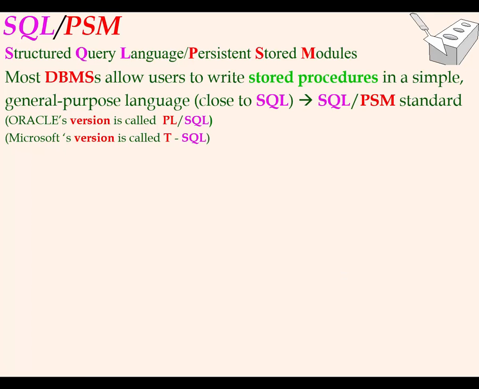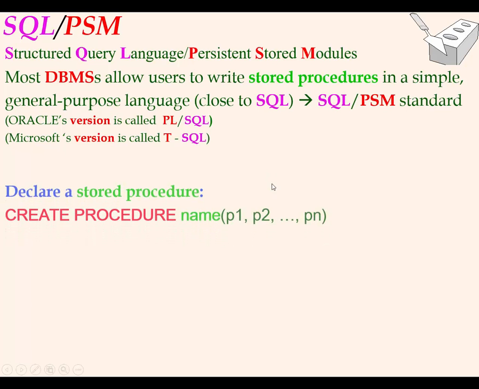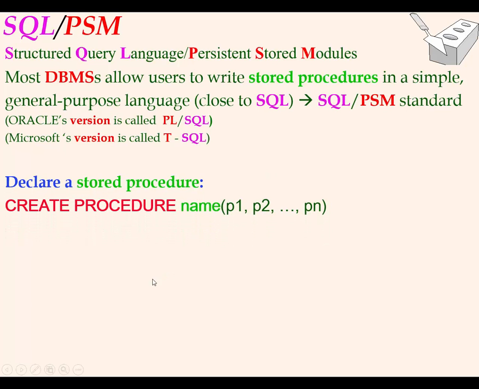Now, stored procedures are written in a language, just like you have Java, you have JavaScript. This is called SQL PSM, Persistent Stored Modules. But in Oracle it is called PL/SQL, and in Microsoft it is called T-SQL. So it's a language like JavaScript.